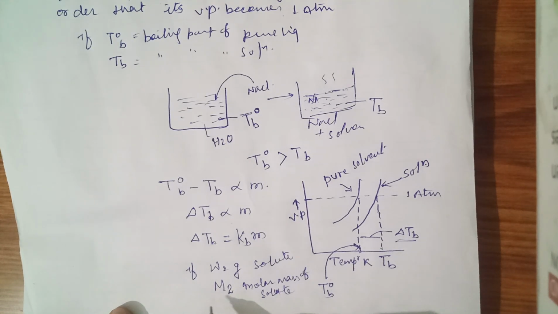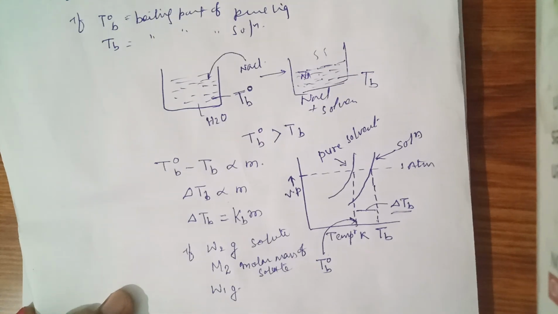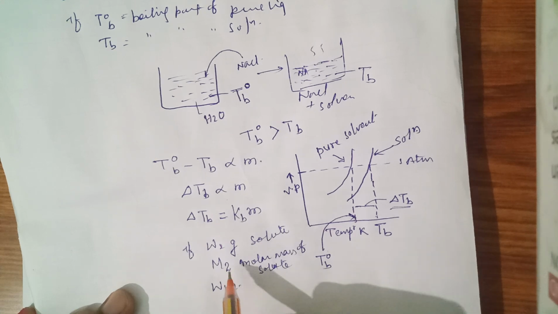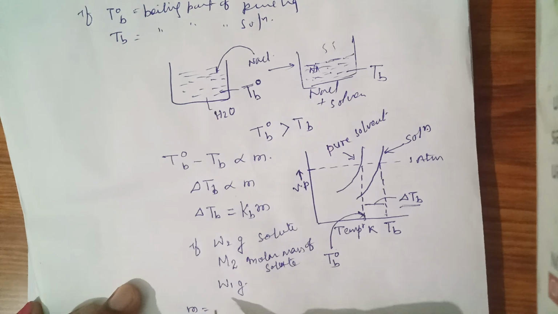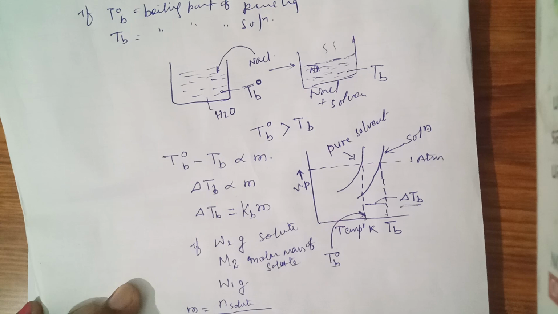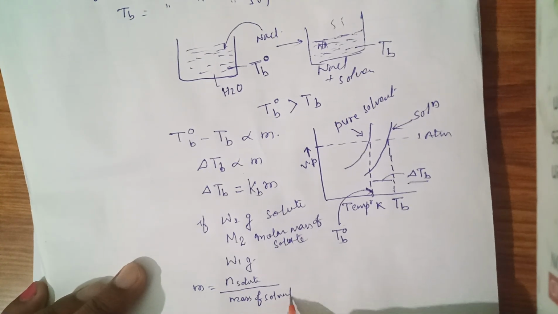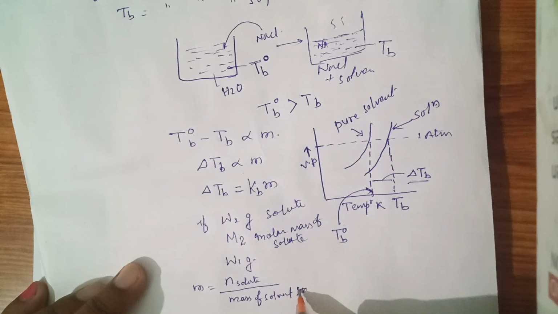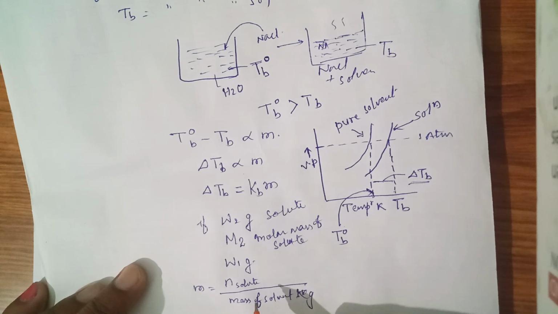And if the amount of solvent taken is, let us say, W1 gram, then from the relation we know that molality equals the number of moles of solute divided by the mass of solvent in kg.